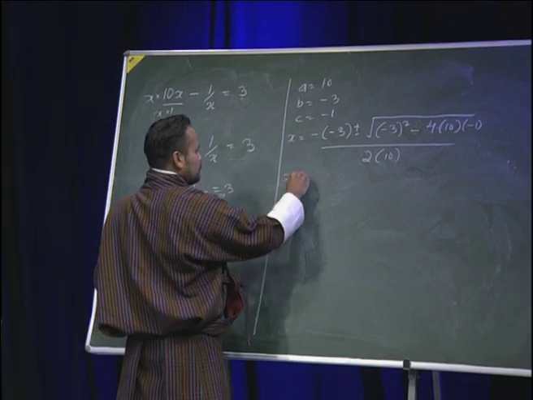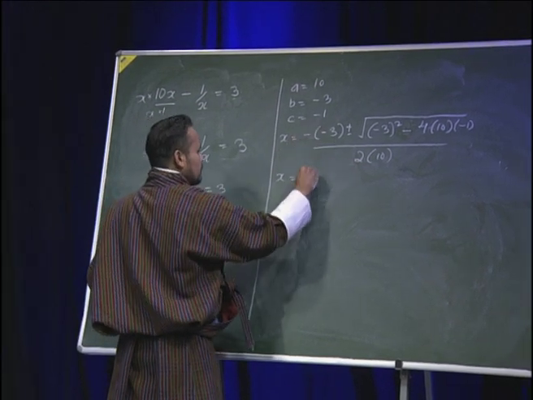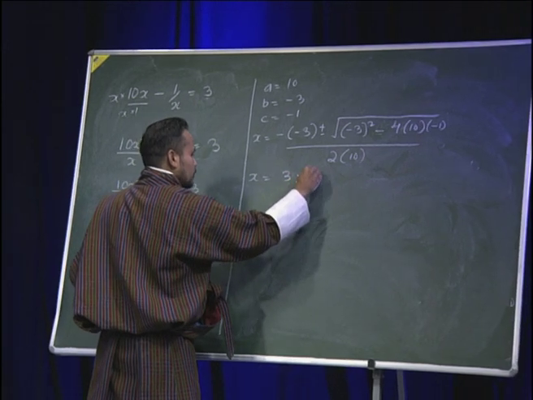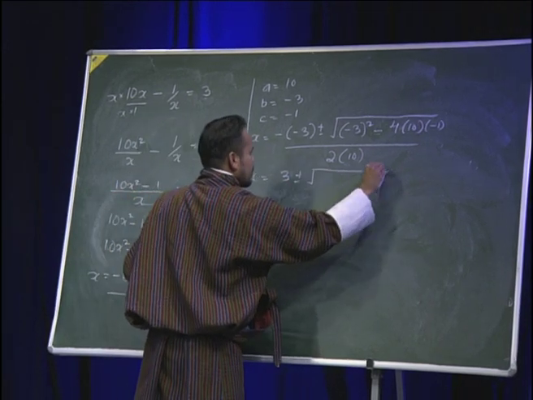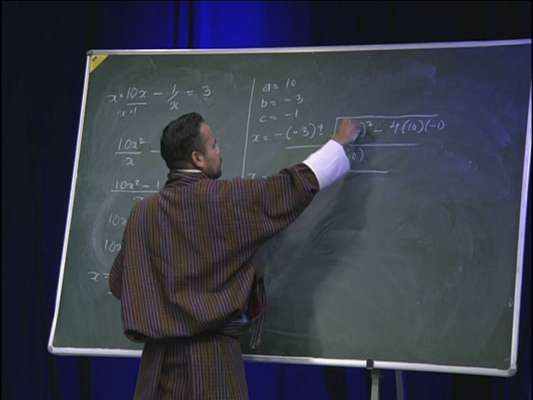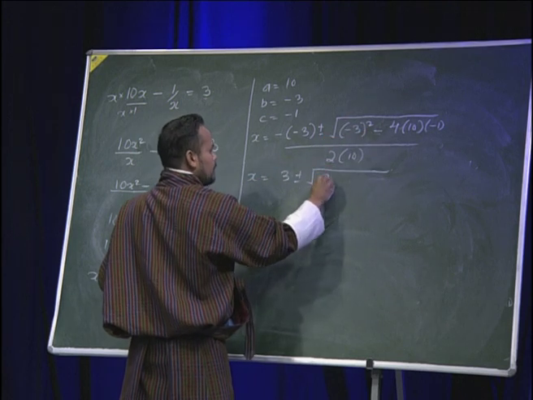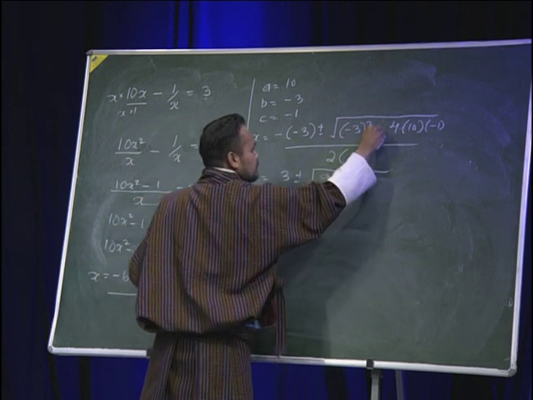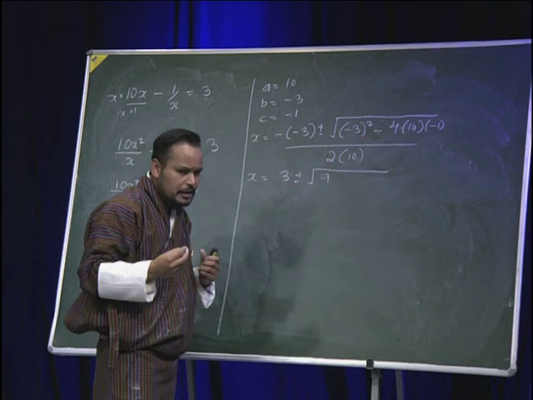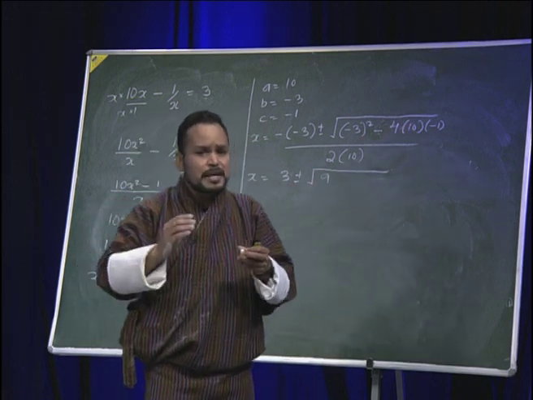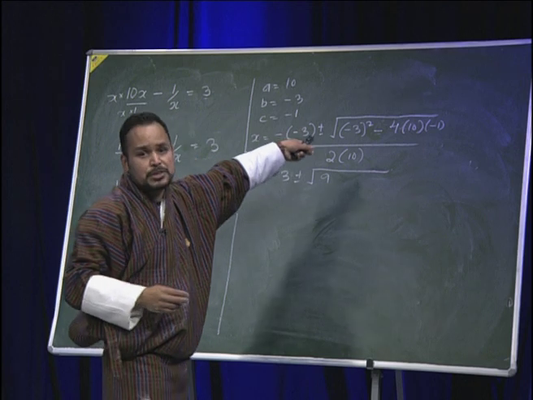x will be equal to negative of negative 3 will be 3 plus or minus, negative 3 square will be 9. Negative times negative, here you have to be very careful. Most of the students make mistakes in such kind of equations.